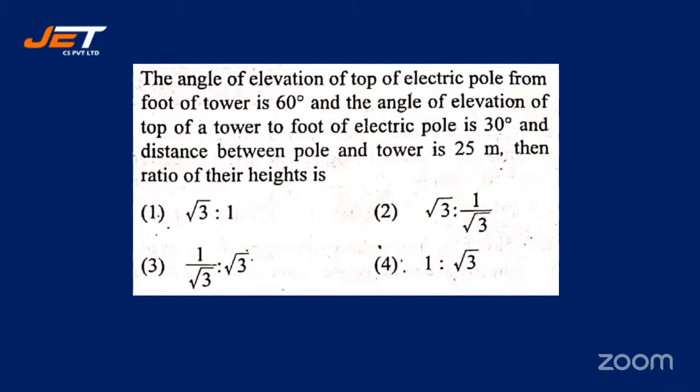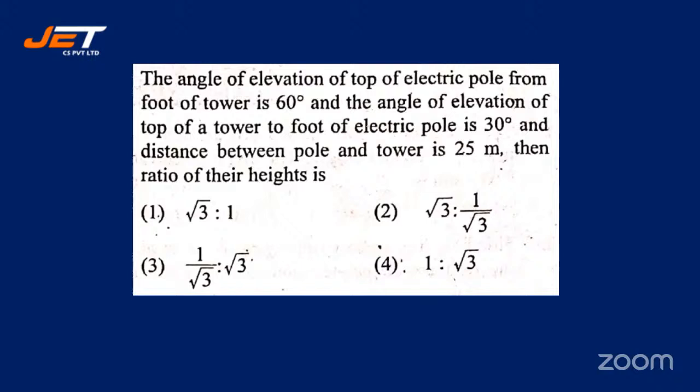See the next question. The angle of elevation of the top of an electric pole from the foot of a tower is 60 degrees, and the angle of elevation of the top of the tower from the foot of the electric pole is 30 degrees.